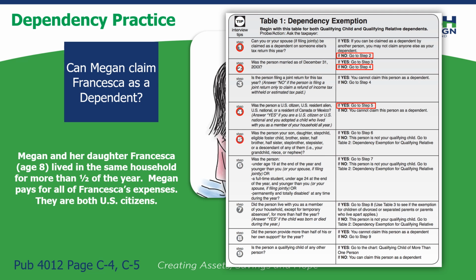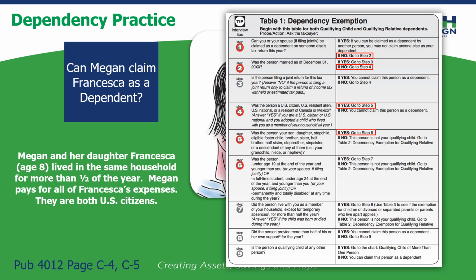Was the person your son, daughter, or one of those other relationships that are listed there? We know that Francesca is Megan's daughter, so the answer is yes. So now we can move on to step 6. Was the person under the age of 19 at the end of the year and younger than you, or a full-time student under the age of 24?